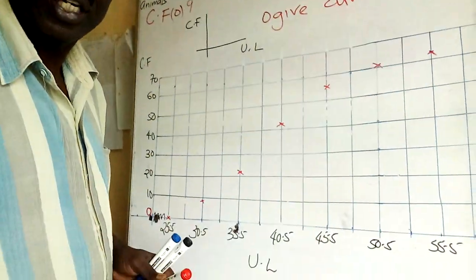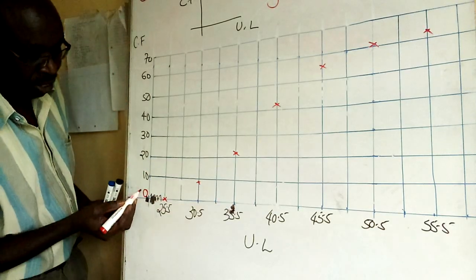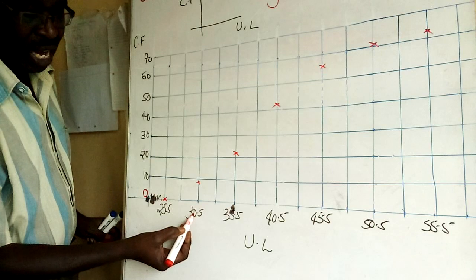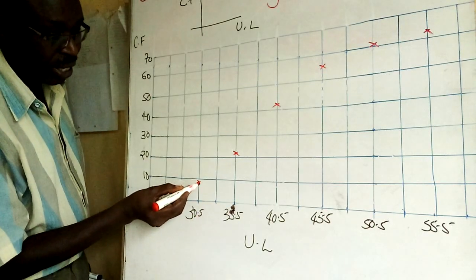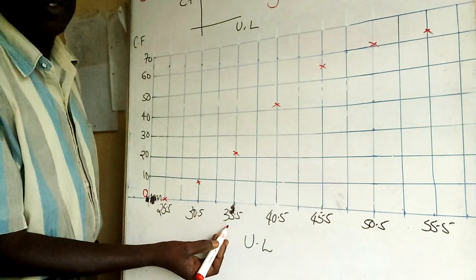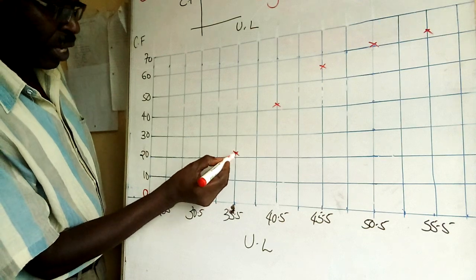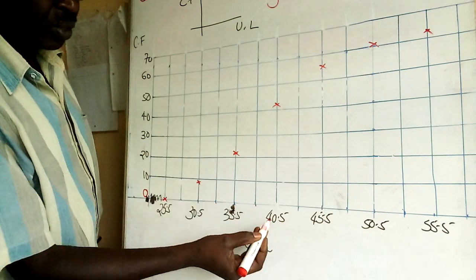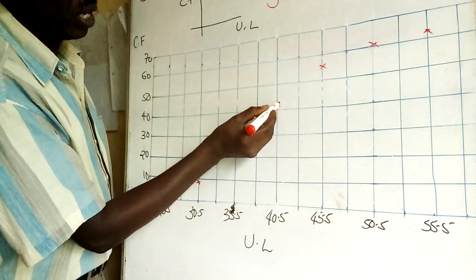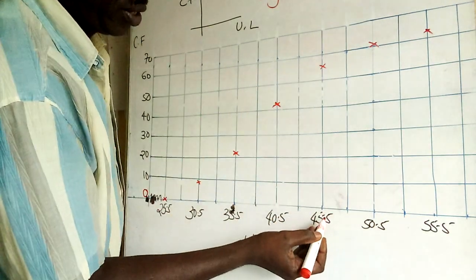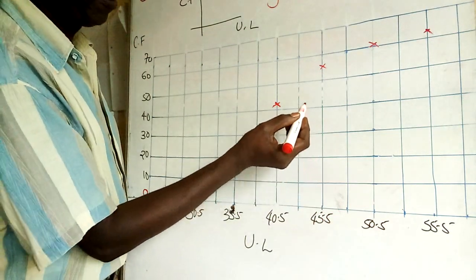So we go back here, graphing. So I mark here, that is the 0. Then 30.5, 9. I come here, put my 9. 35.5, it is 22. So I mark here 22. I come 40.5, it is 42. I put here 42. Then 45.5 is against 55.